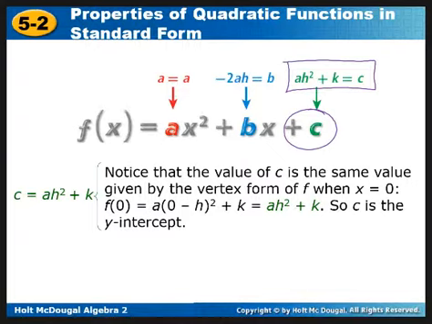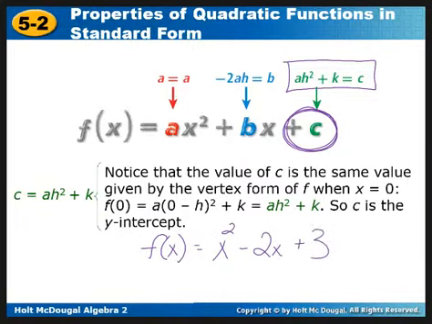Essentially, whatever c is in this form is going to be the point where the graph of your parabola intersects the y-axis. If I gave you an example like f of x equals x squared minus 2x plus 3, when I graph my parabola, the graph is going to intersect the y-axis, the vertical axis, at positive 3.